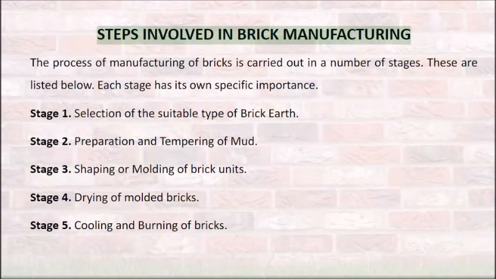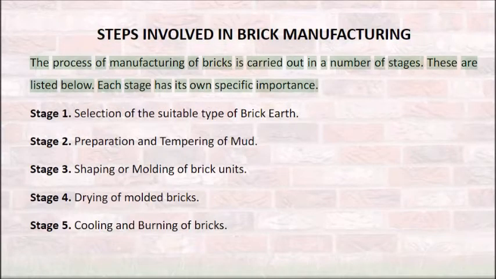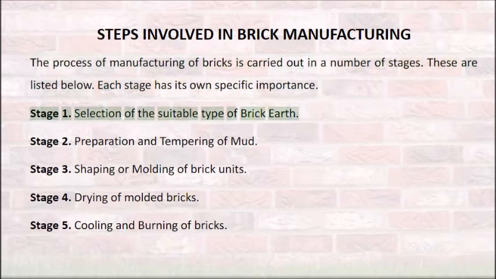Steps involved in brick manufacturing. The process of manufacturing of bricks is carried out in a number of stages. These are listed below. Each stage has its own specific importance. Stage 1: selection of the suitable type of brick earth.